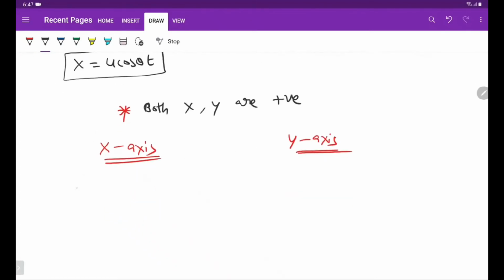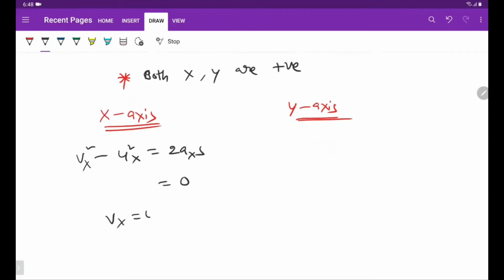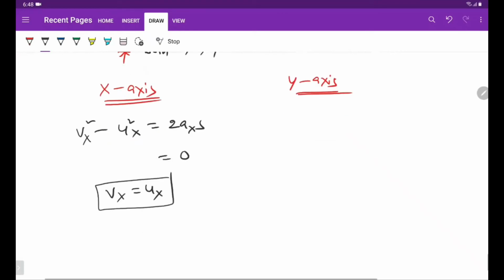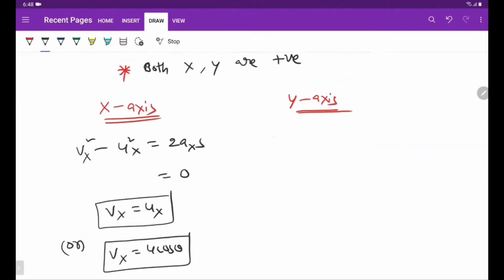Next, we use the third kinematic equation along the x-axis and y-axis. Vx square is equal to 2as. Here ax is 0, so we get Vx is equal to Ux, or Vx is equal to u cos theta. Similarly, Vy square minus Uy square is equal to 2 ay sy.